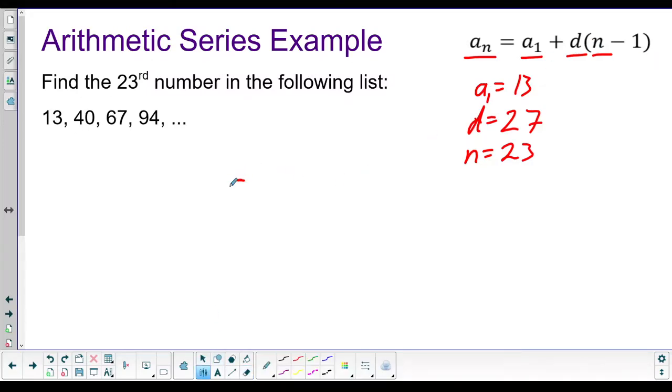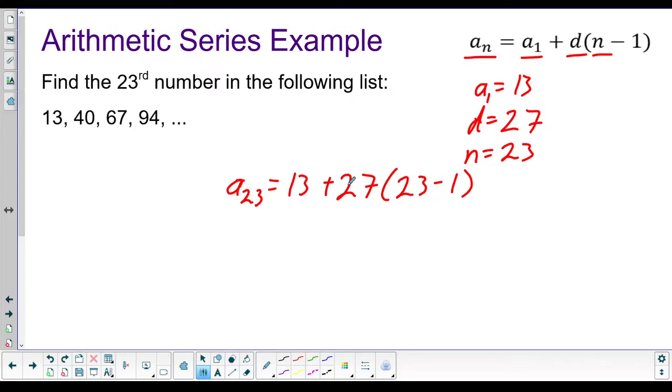So we have A23 equals A1 plus D times N minus 1. So 23 minus 1. Okay, so this is 22. And we're going to multiply that by 27.